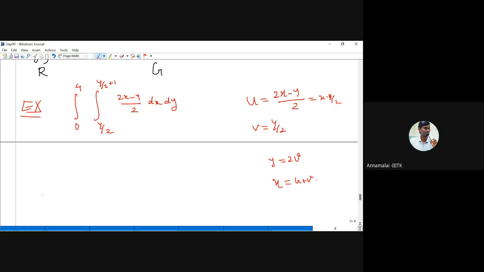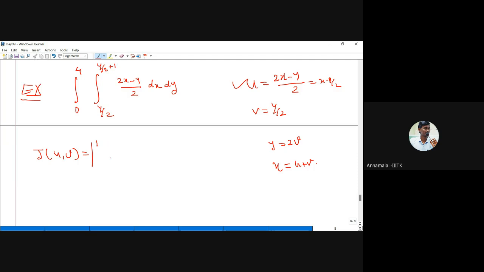So therefore, we get a relation. So what is the transformation? Then what is the Jacobian of x, y with respect to u, v?